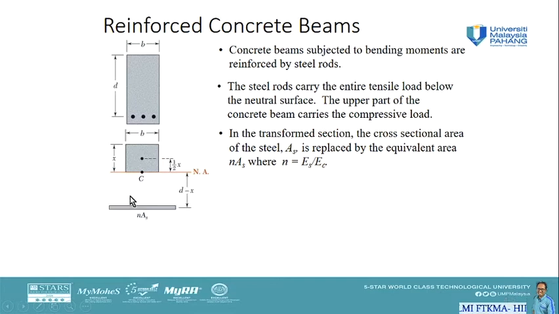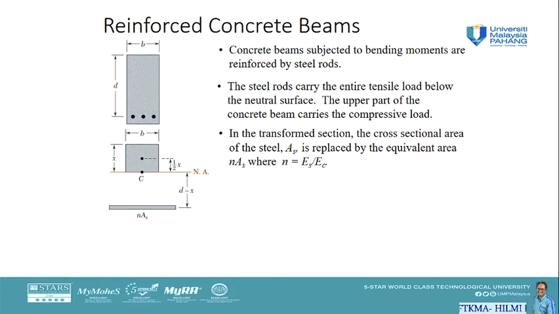And then we are going to find that the position of the neutral axis is a bit tricky to define. The position of the neutral axis can be obtained by determining the distance x from the upper face of the beam to the centroid of the transform section.